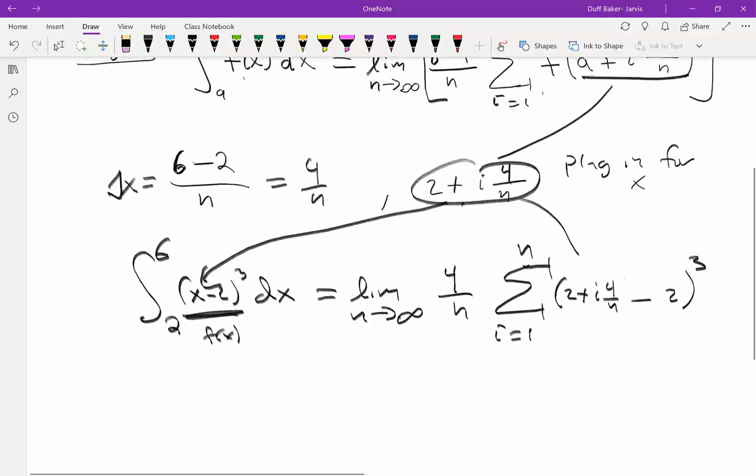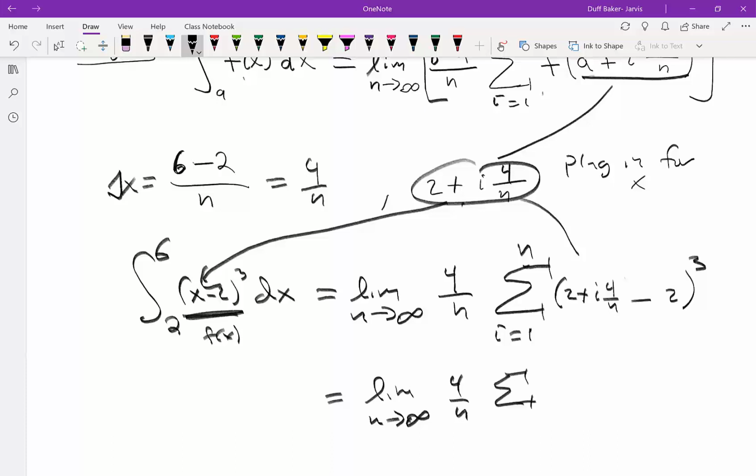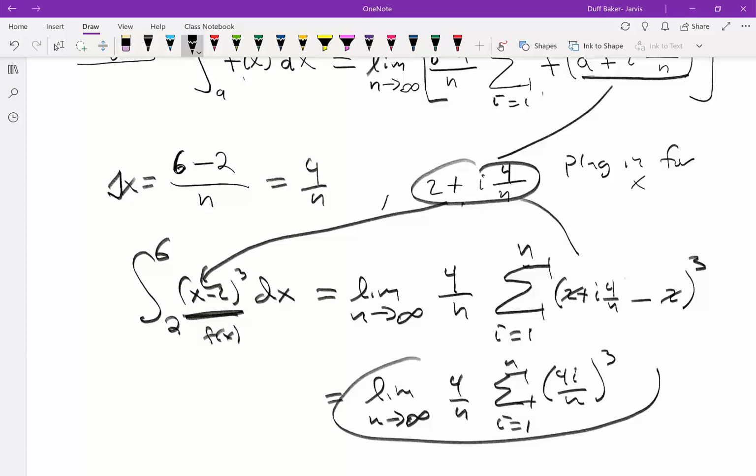And if you simplify that a touch, you end up with this. So the 2's cancel here, and it's just the sum of 4i over n all cubed. So this would be the definition.